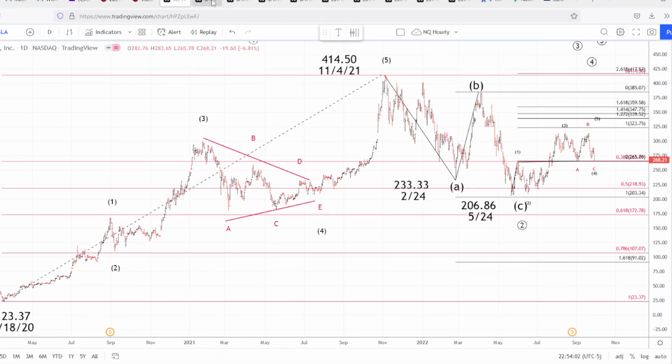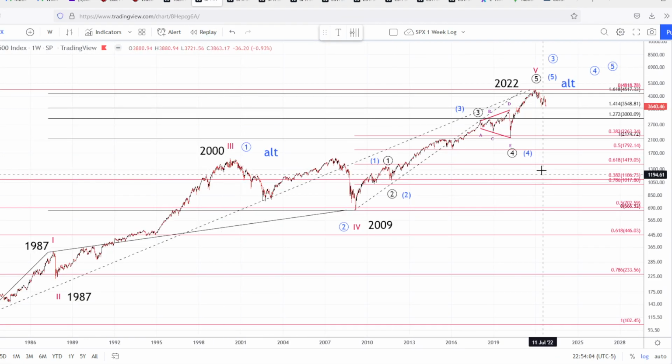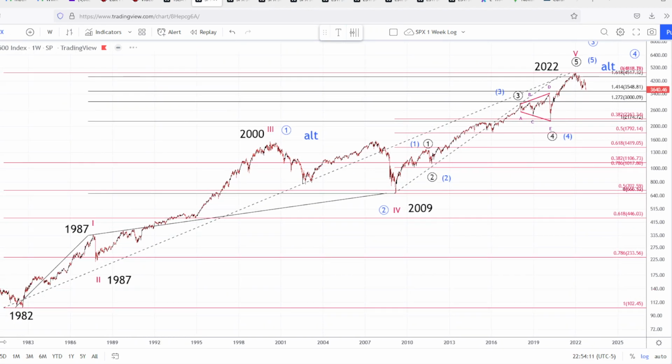I want to also look at the S&P on a weekly log scale from the 1982 low. Primary counts in red, alternate count is in blue. We have a 1 up to the 1987 high and the crash low for wave 2.